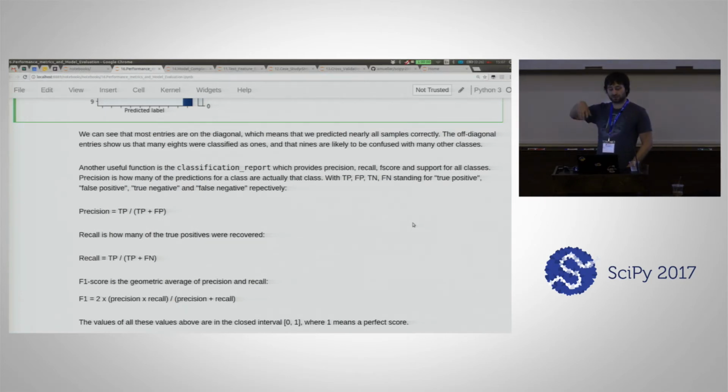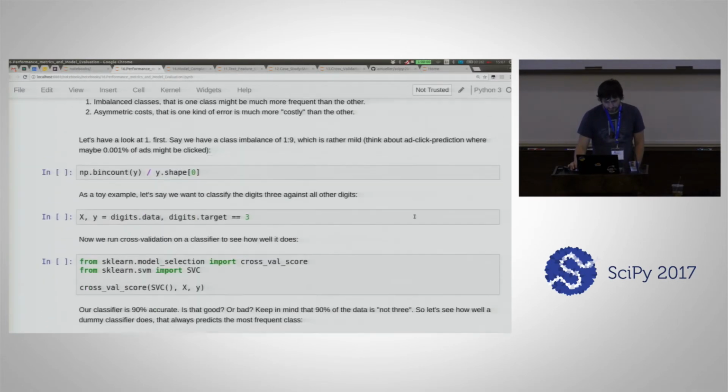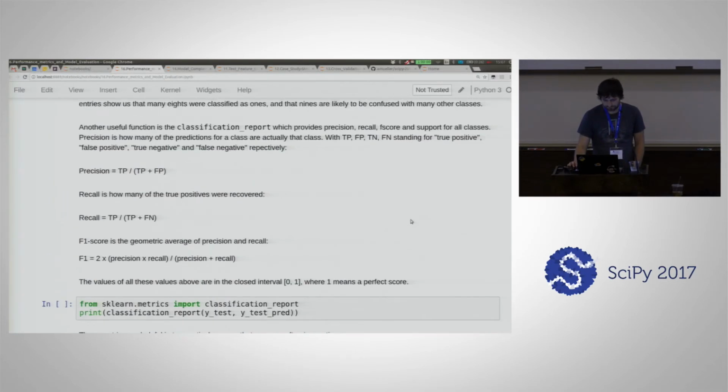Depending on which class you call the positive class, precision will be the true positives, that is the correctly classified positives, divided by everything that was classified as positive, so true positives and false positives. Do we have a picture here of the binary case? That's too bad.